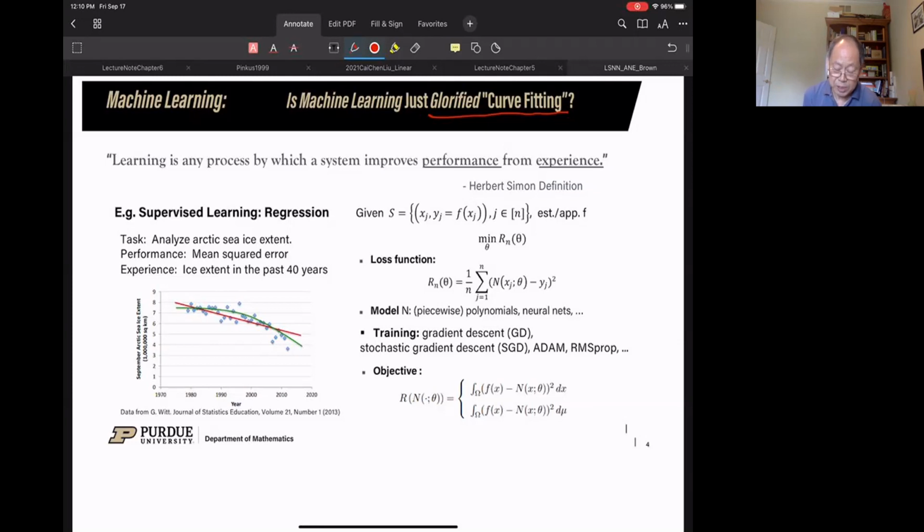For my research, I'm more focused on the other aspect of machine learning, which is approximation theory. We want to use the neural net to approximate a function, or most importantly, to approximate a solution of PDEs. When we're talking about approximation, the problem is very, very different.